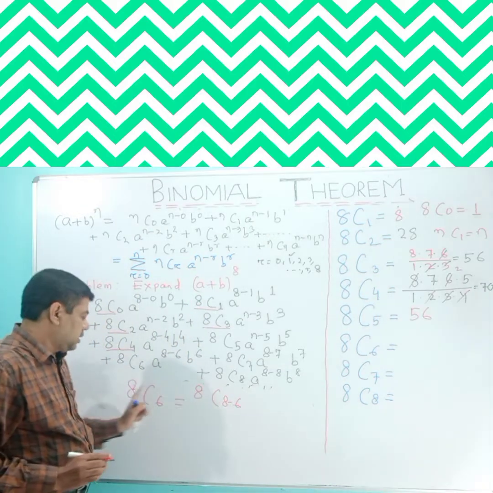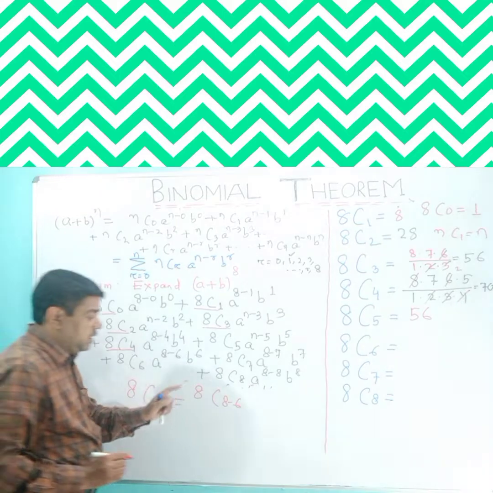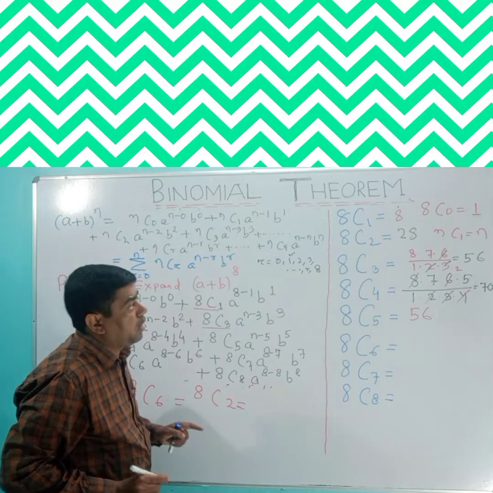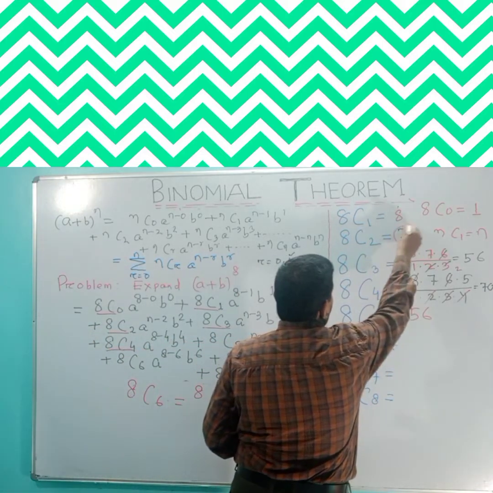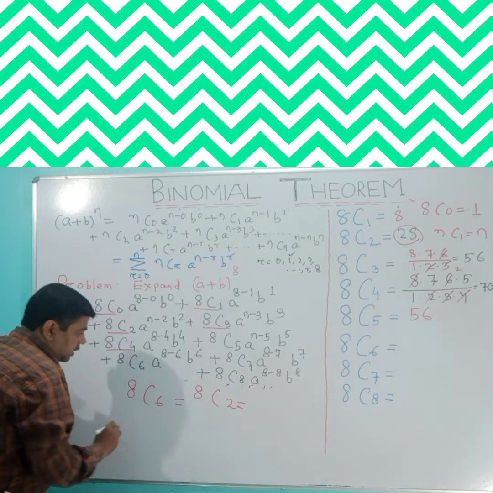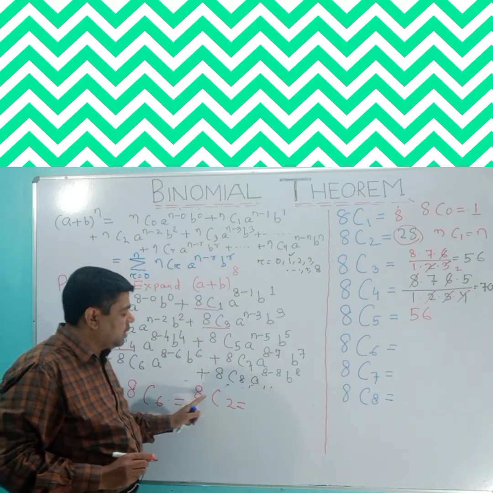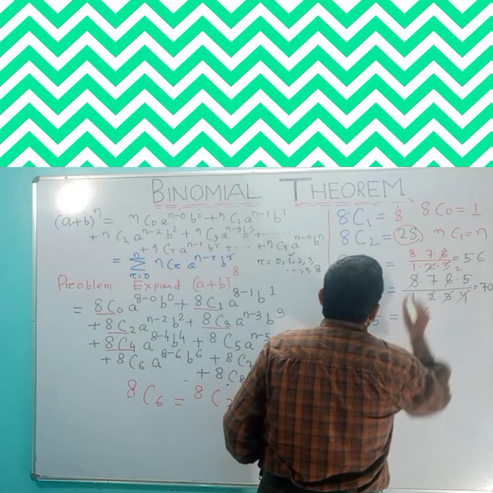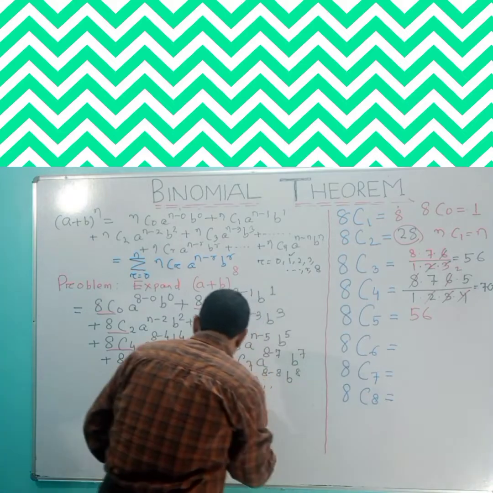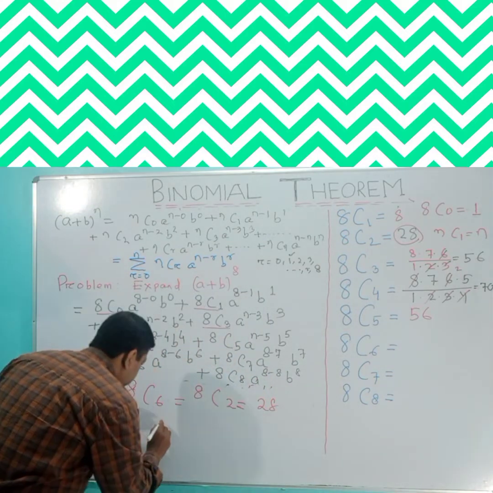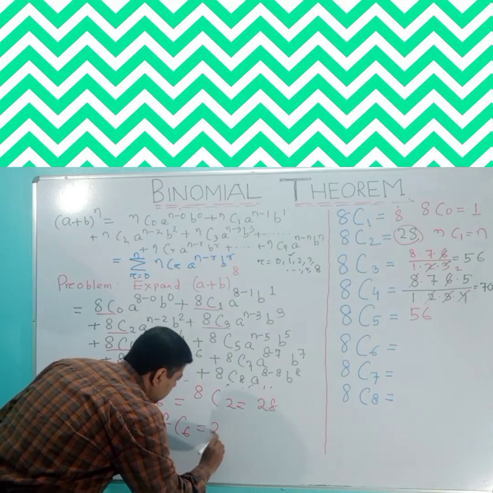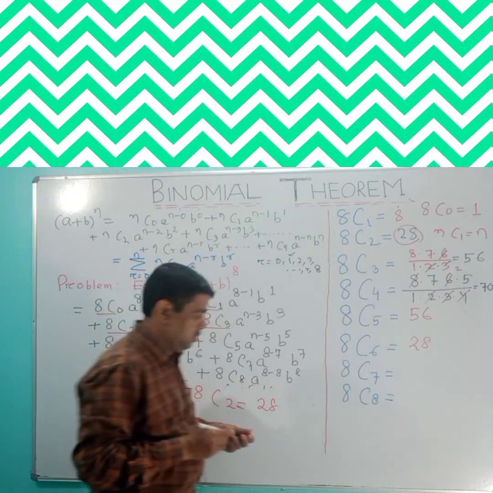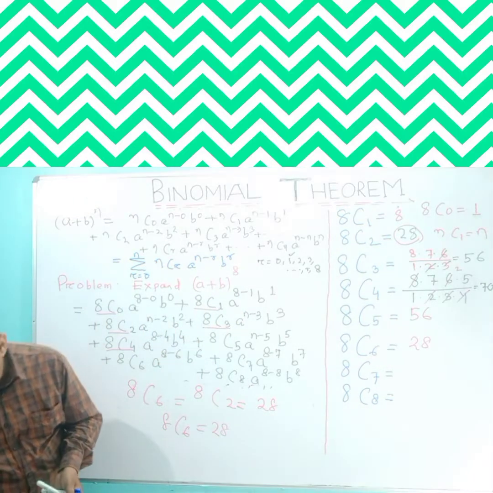What is 8 minus 6? It is 2. So 8C2, and the value of 8C2 we already got is 28. So we see an interesting fact: 8C6 is equal to 8C2, so 8C6 is also 28. Is it clear?